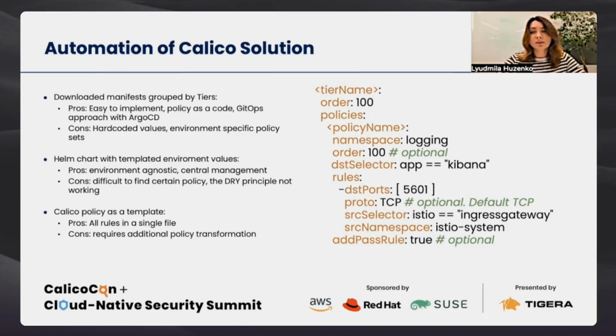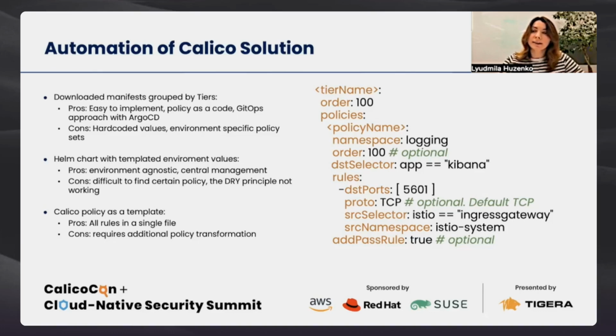But the disadvantage was that a lot of things were hard-coded there. We have environment-specific naming for certain namespaces and an environment-specific subset of applications. And that's why we couldn't just apply the same network policy code to another environment. So we decided to create our own Helm chart and template the network policy manifests to be able to apply them to all environments.